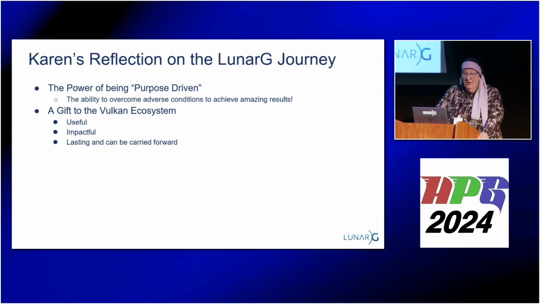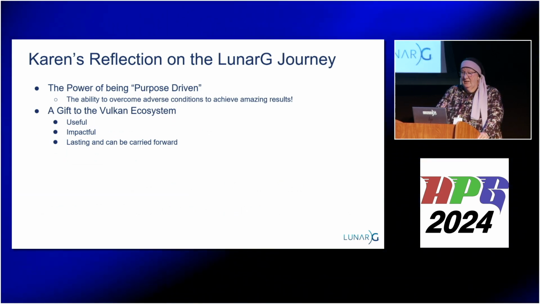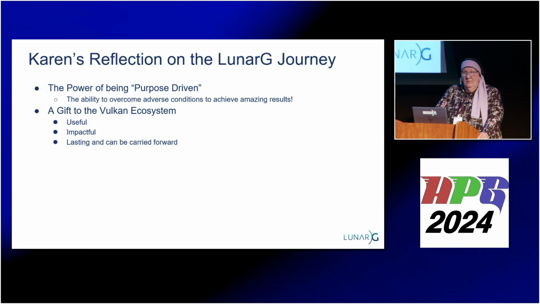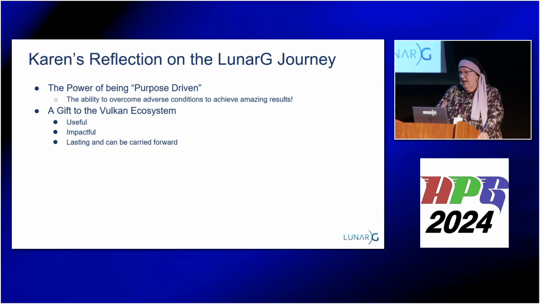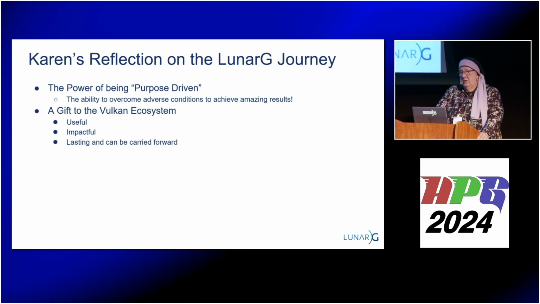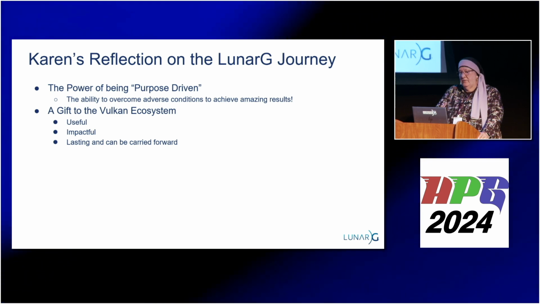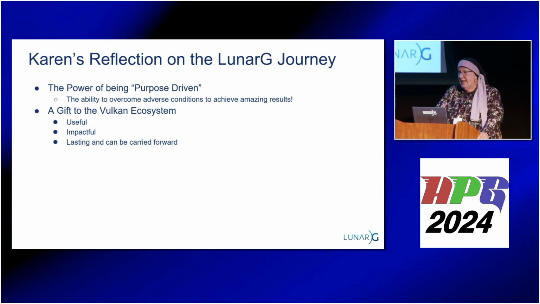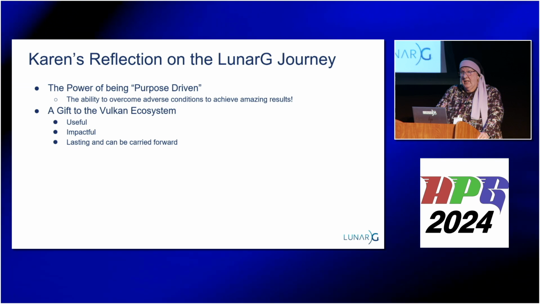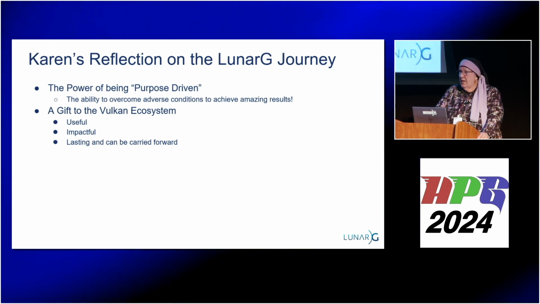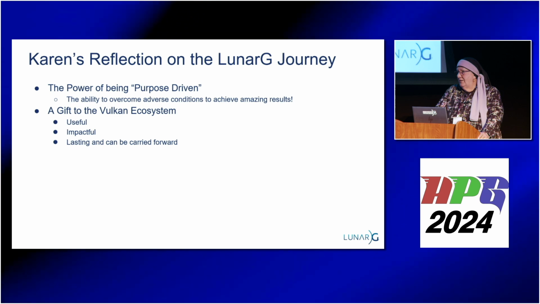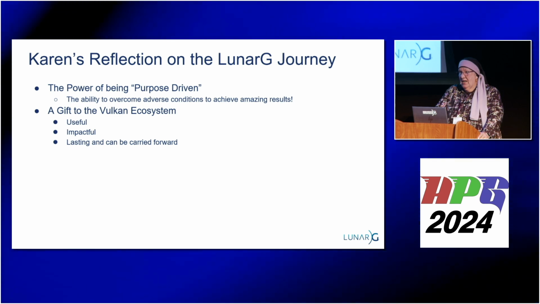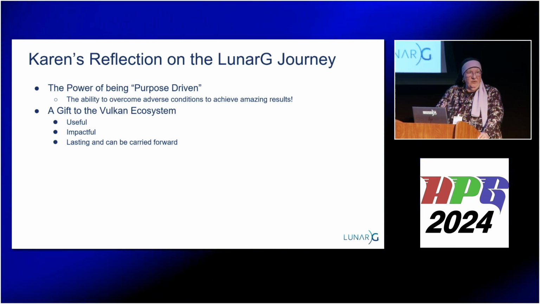My personal reflection on this LunarG journey: what I have learned is that the power of being purpose-driven is really powerful, and it really helped LunarG to overcome adverse conditions in the early days, and actually for many years, because we're not a company with hundreds of employees. We have to be very smart and very prioritized about what we work on, and we have some very difficult challenges.